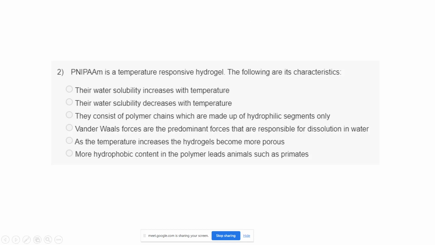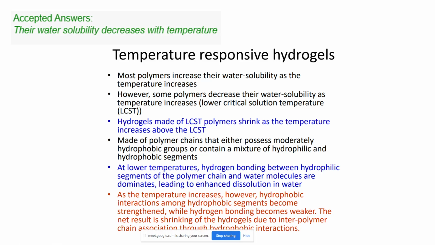Okay, so here the correct answer would be the second option, that is, their water solubility decreases with temperature. Temperature responsive hydrogels are basically made up of polymers that decrease their water solubility as the temperature increases. This temperature is the lower critical solution temperature, and these hydrogels made up of LCST polymers shrink as the temperature increases above the LCST.